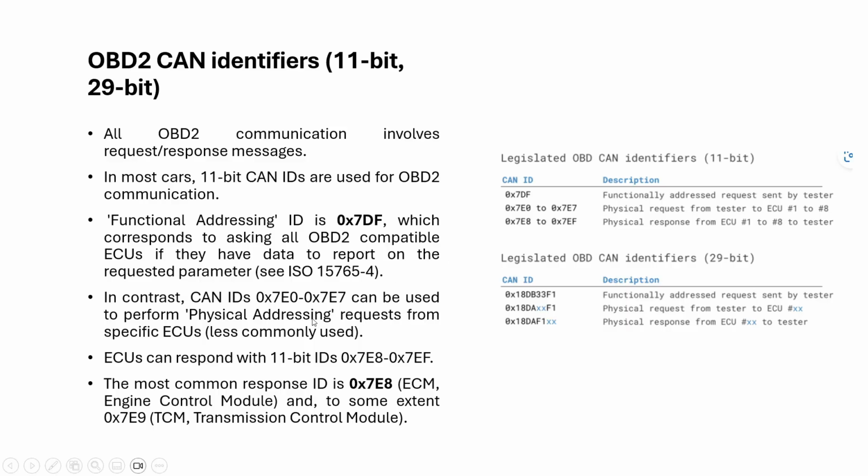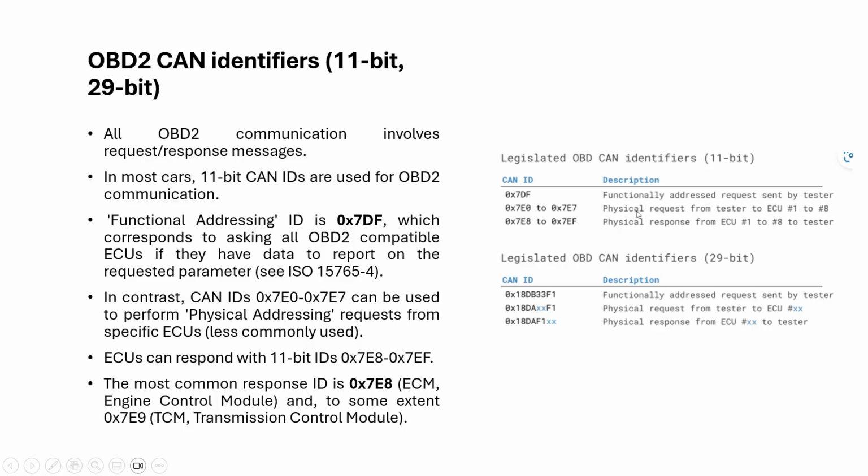In contrast, the CAN ID or address from hexadecimal 7E0 to 7E7 is used to do physical addressing. That means to request a specific ECU to get specific data or diagnostic information.